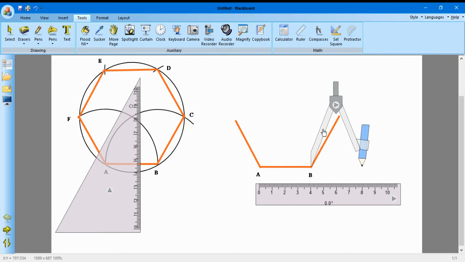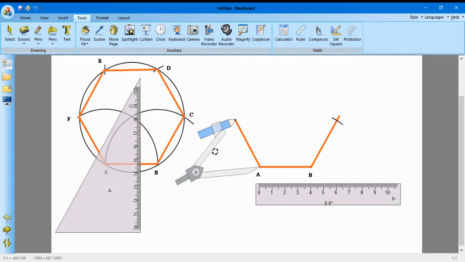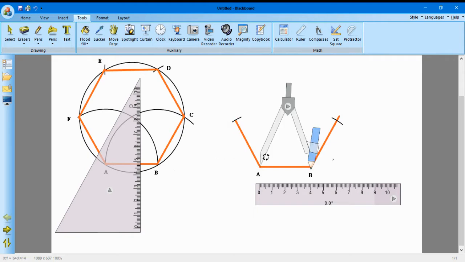I will proceed to move my compass to point B, and I will strike an arc this way, and I will strike an arc this way. See? I already have my 2 points here.